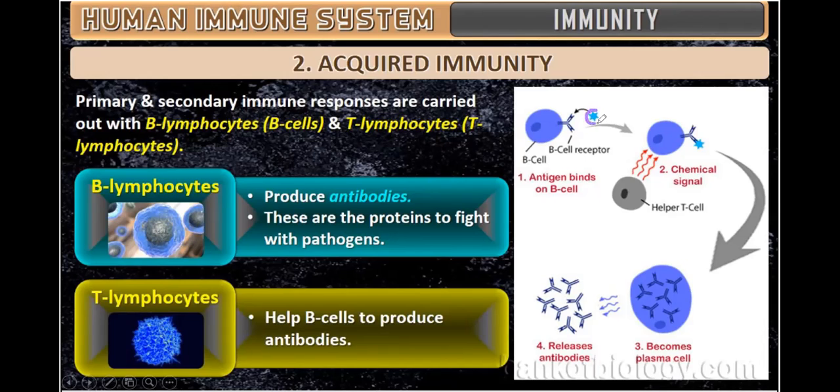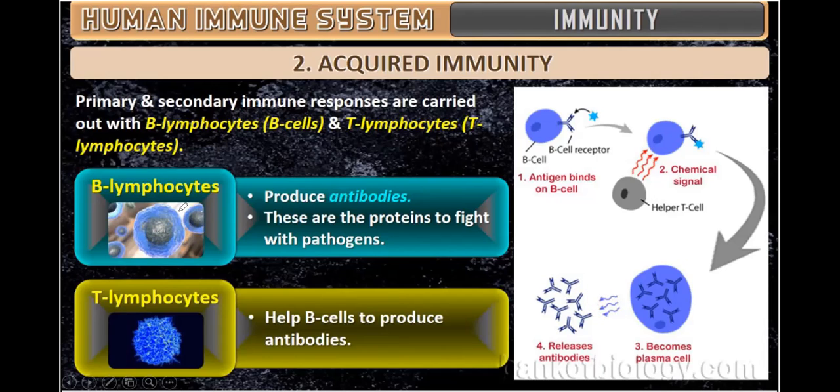As soon as the antigen binds here, some helper T cells, T lymphocytes, help by giving a chemical signal. So the B lymphocyte becomes very active, produces antibodies, and releases these antibodies in the blood.